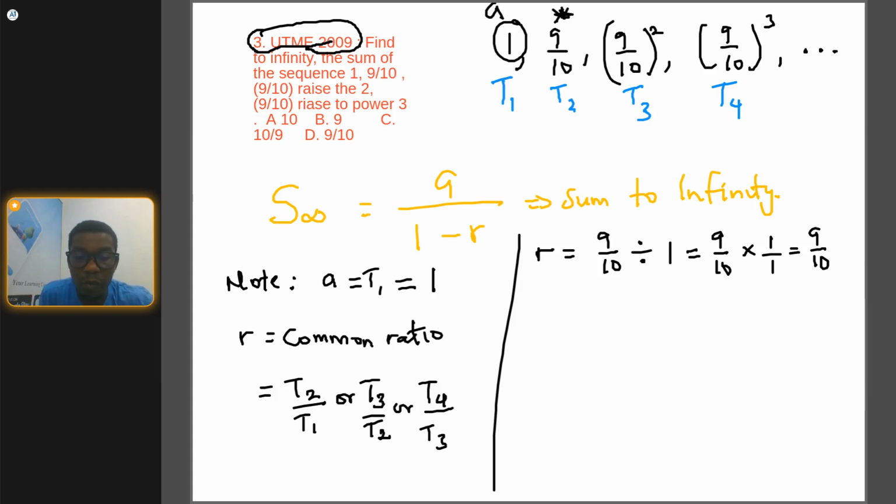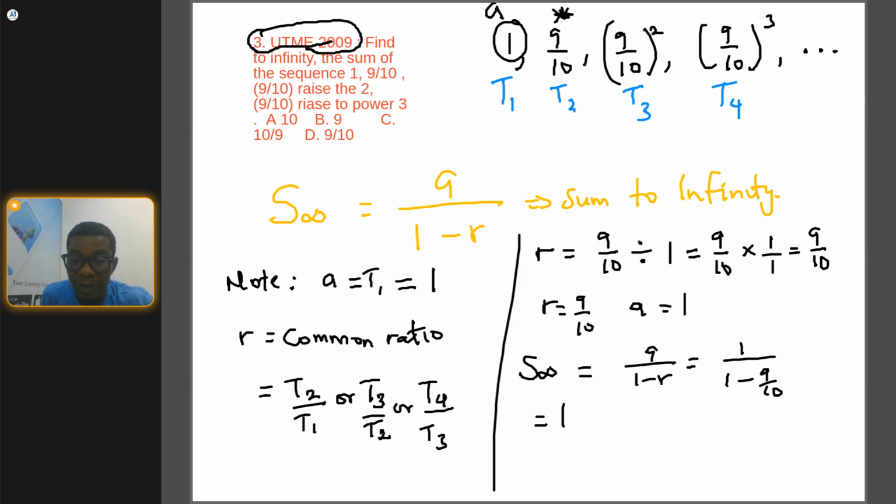Okay, so if I've gotten the common ratio R to be 9/10 and A to be 1, I can solve for the sum to infinity by writing A over 1 minus R. I replace letter A by 1, then R is 9/10.